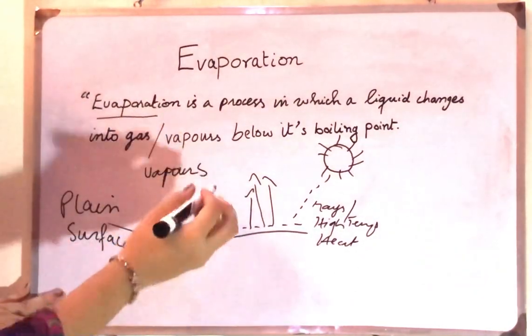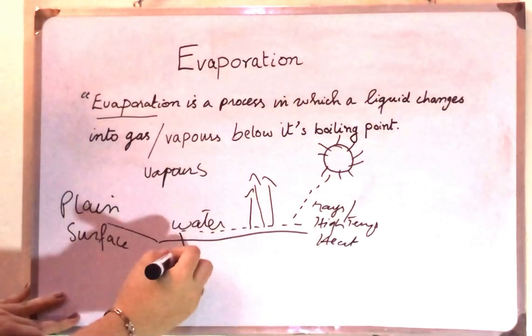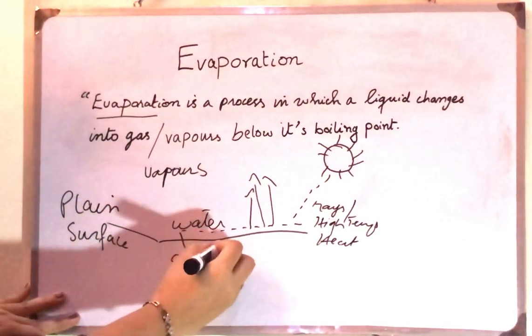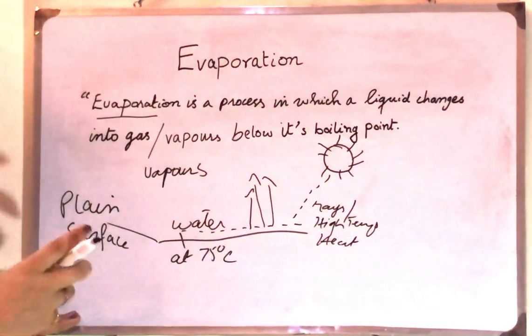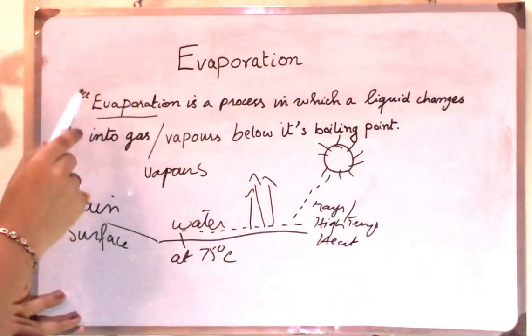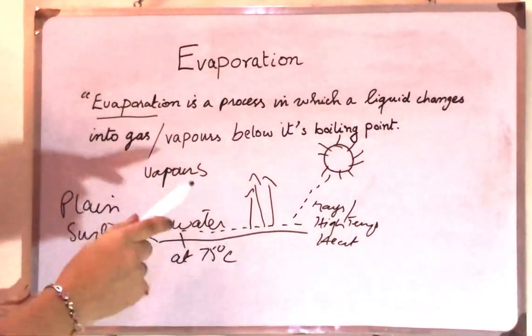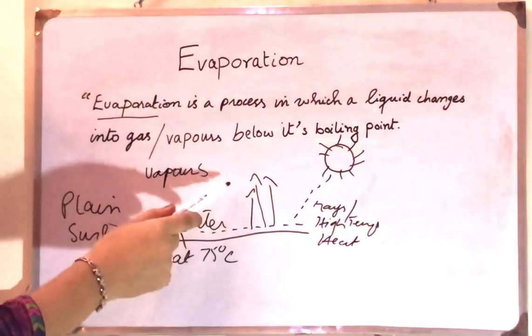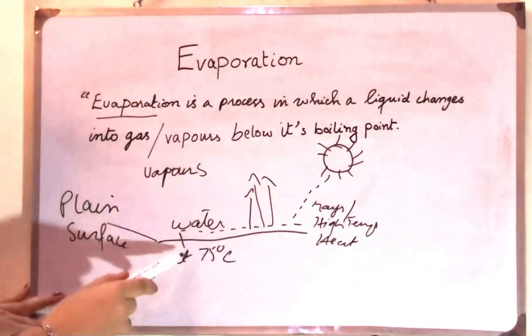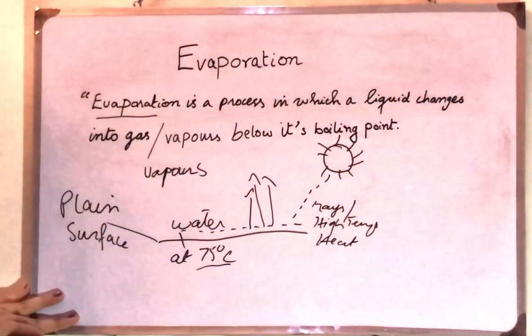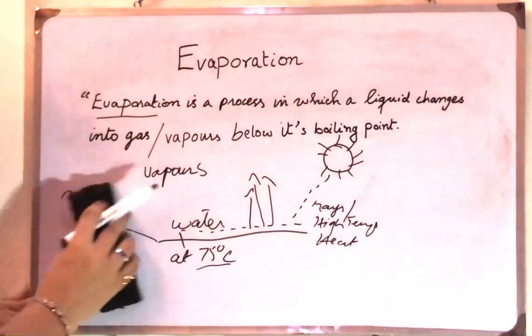Just suppose it is at 75 degrees Celsius, not at 100 degrees Celsius. So in this case, this process is known as evaporation because it is changing from liquid to gas at 75 degrees Celsius, below its boiling point. So this is evaporation basically.